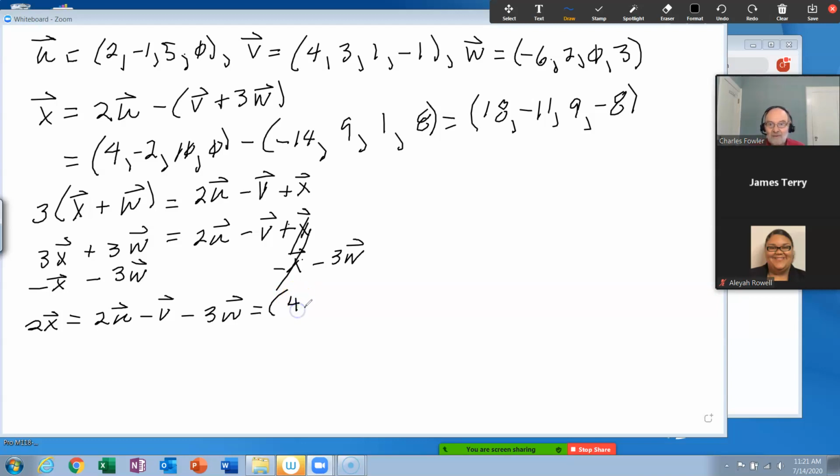4, -2, 10, and 0. Okay, we doubled the u part. Now we're going to subtract v. So v is 4, 3, 1, -1.